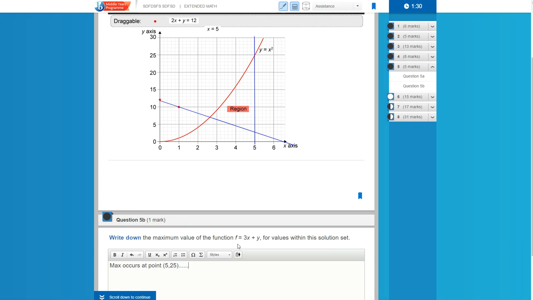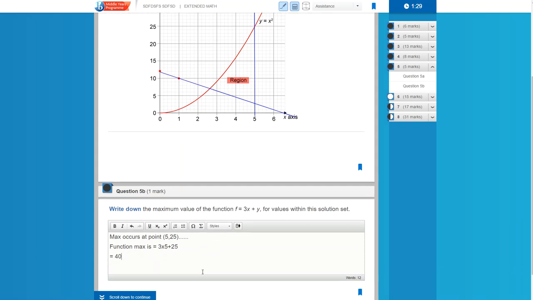And so if I put that into the function, so the function max is equal to 3 times our value of x, which is 5, and then we're having to add on 25. 3 5s are 15. 15 add 25 is 40.